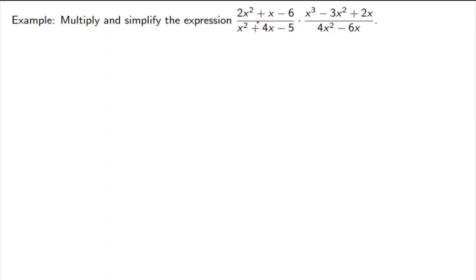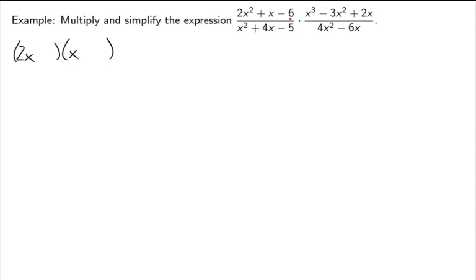So, let's start out by factoring each numerator and denominator. This might take a little bit of time. So, 2x squared plus x minus 6. Again, you're welcome to use the AC method here, but I'm going to use a little faster approach. In my technique, I look at 2 times -6, and I think -12.